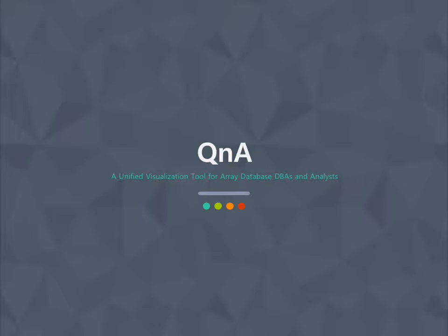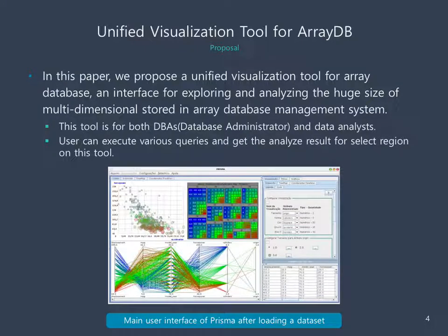Question? So in the previous slide, is this snapshot from some existing tool? Yeah, it's Prisma, a multidimensional data GUI tool. It's only showing raw data.